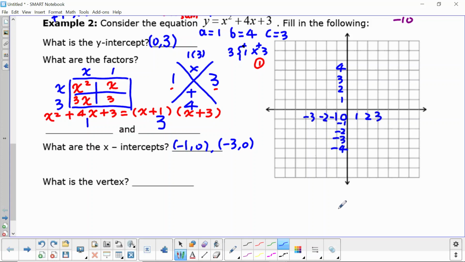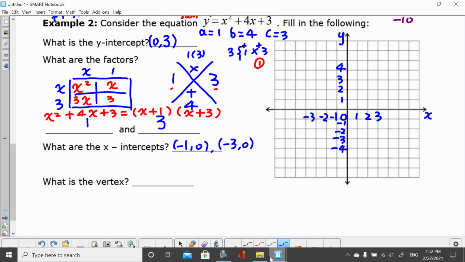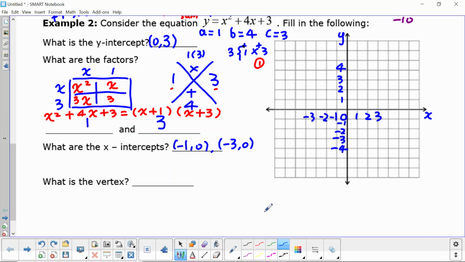So we label this grid given. Then this is x, this is y. So what are the x-intercepts? Is -1, -3. Then you also have the y-intercept is 0, 3.